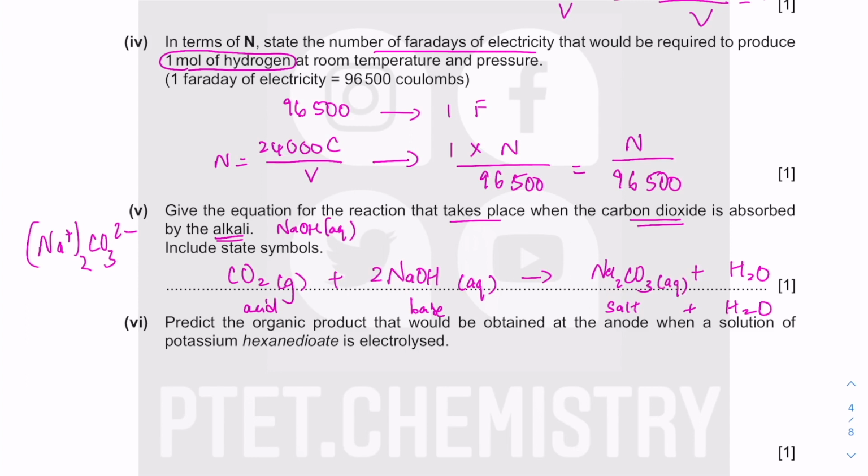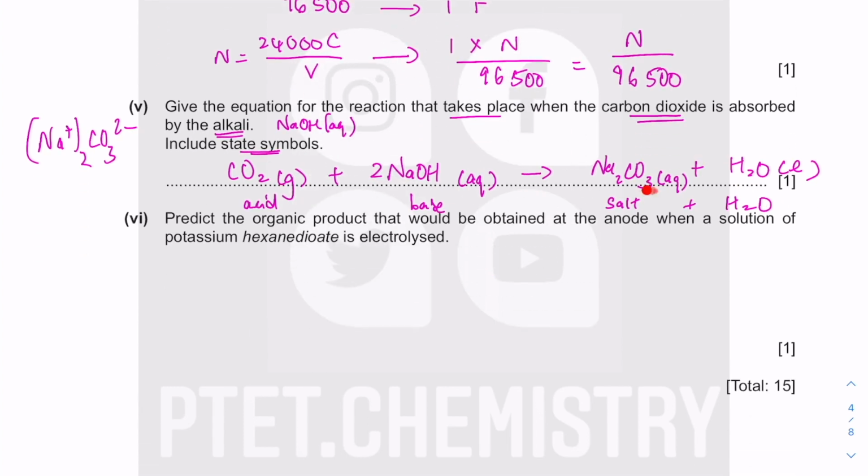This is aqueous, and H2O is just liquid. The CO2 gives me 1 extra oxygen, and the 1 extra oxygen comes from there. The other oxygen goes to the O there, and the 2 hydrogen goes to the 2H there. Therefore, this is the balanced equation with the correct identification of the formula of the salt being formed and the formation of water as a result of neutralization.